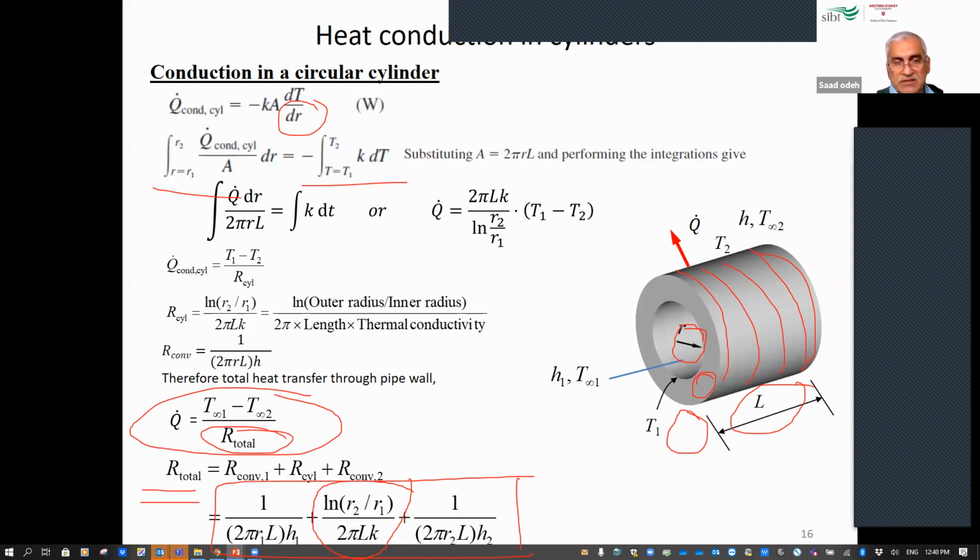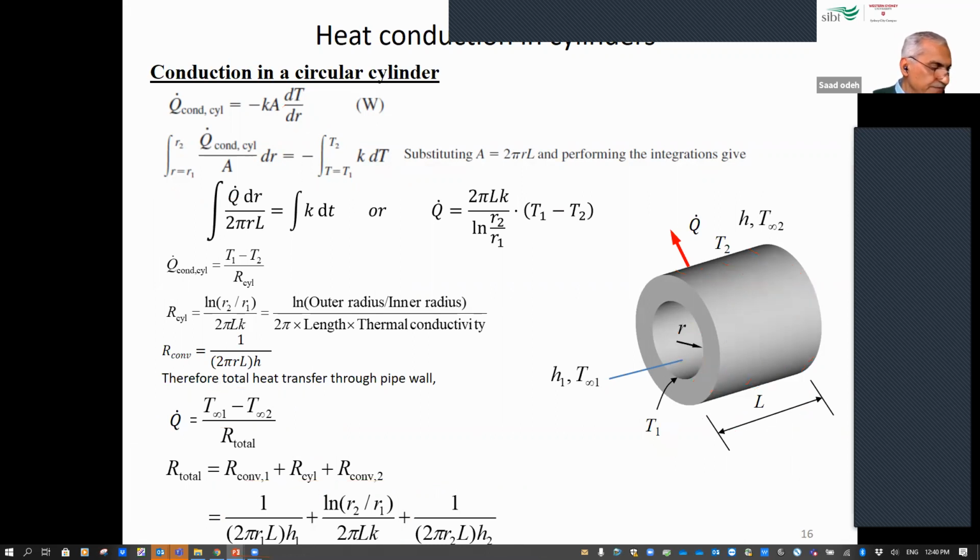All right. So we have 3 thermal resistances. The first one convection, second one conduction through the cylinder, third one convection to the surrounding fluid. Okay. Any question? All right.